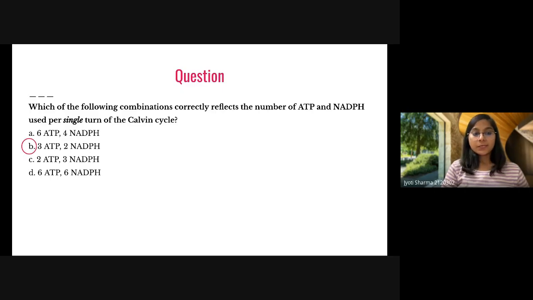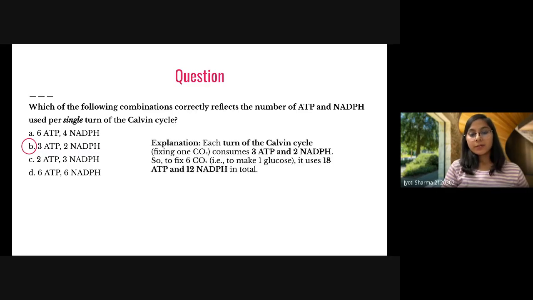So this is 3 ATP and 2 NADPH used. Just see here, each turn of the Calvin cycle consumes 3 ATP and 2 NADPH, and because we need to fix 6 CO2 to produce 1 glucose, right? So for 6 carbon dioxide, or let's say 1 glucose, it uses 18 ATP and 12 NADPH.